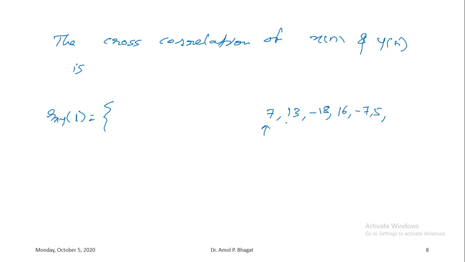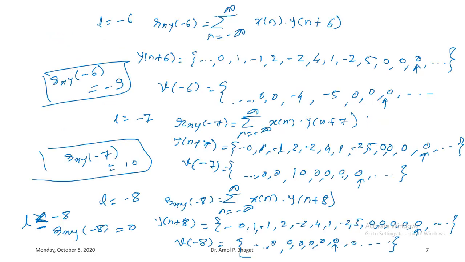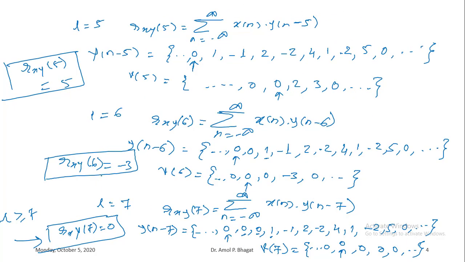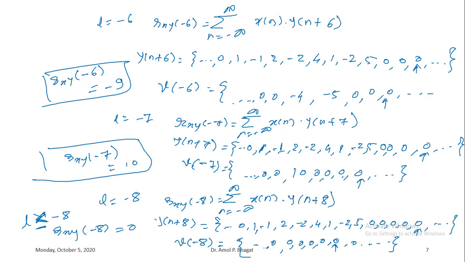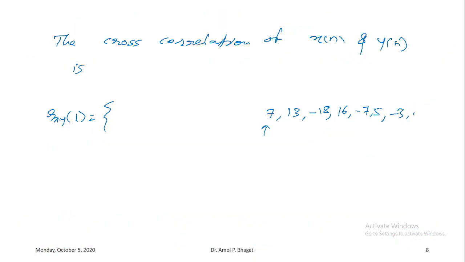Okay, so this is for L equals 0, 1, 2, 3, 4, 5, right? At L equals 6, it is minus 3, and 7 onwards it is 0. So minus 3 and remaining values are 0. Okay, so 7, 13, minus 18, 16, minus 7, 5, minus 3, and so on.